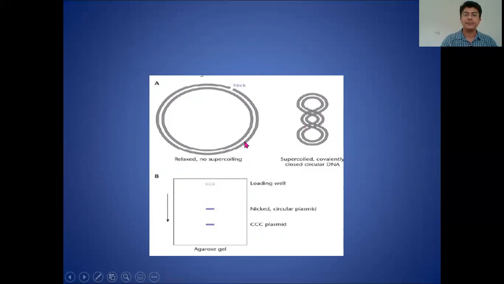When such a DNA solution is subjected to electrophoresis, two separate bands of the DNA are observed, where the compact DNA, which is the supercoiled DNA, will travel the most distance from the loading site, whereas the nicked circular DNA molecule or open circle will travel a less distance because the compaction is lost because of this nick.